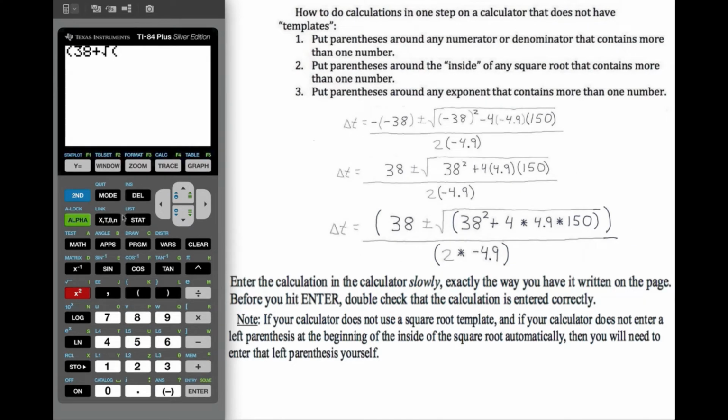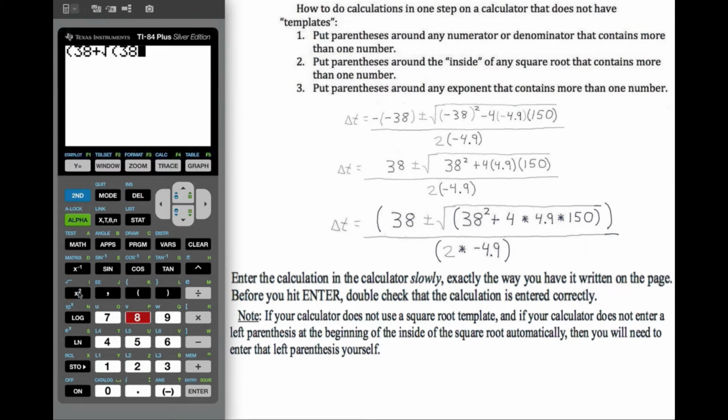You can see that in classic mode, the TI-84 automatically puts in this left parenthesis after the square root to indicate the beginning of the inside of the square root. 38 squared plus 4 times 4.9 times 150. Now we enter a right parenthesis to indicate the end of the square root.